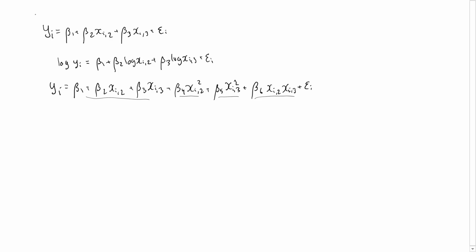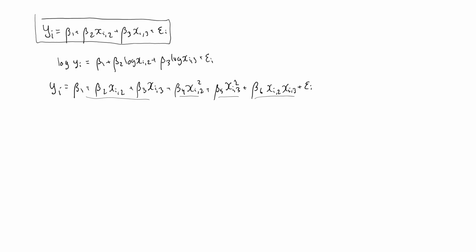Now, by far, the most common specification in econometrics is the linear one. It's the easiest one to estimate, and it's also the one that easily allows us interpretations of the beta parameters as marginal effects. However, if you do make this specification, then it would be nice to know that it reasonably reflects the data.